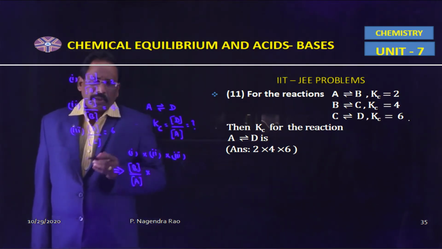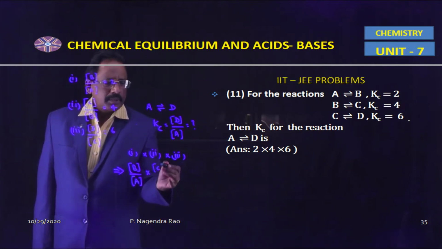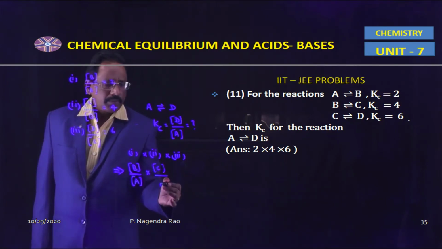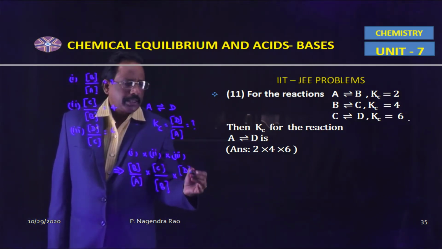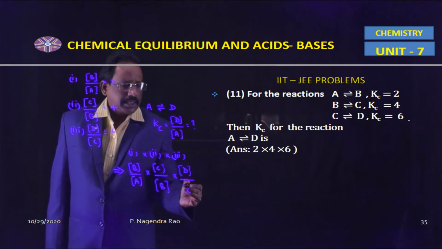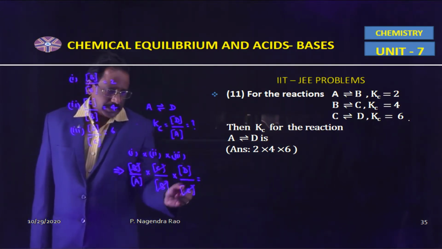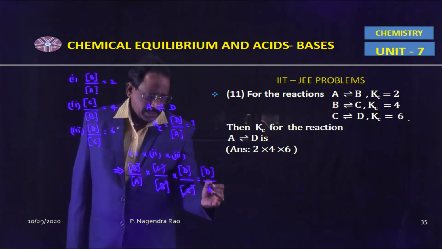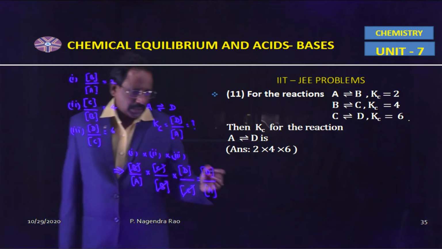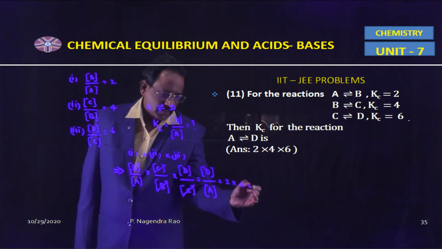So, active mass of B divided by active mass of A, into active mass of C divided by active mass of B, into active mass of D divided by active mass of C is equal to, these two cancel together, C and C. So this is nothing but active mass of D divided by active mass of A. So this is equal to 2 into 4 into 6.